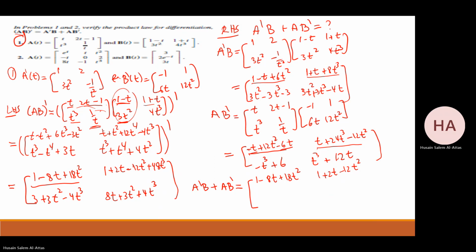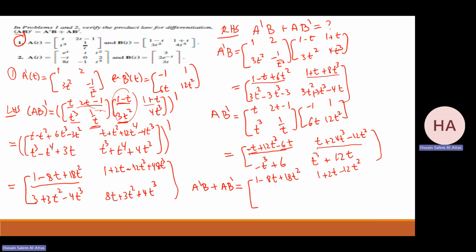Plus, yeah, here it is 48. Why is it 48? Because I need this one, which comes from where? I have 12t to the power 4. Yeah, that is 48.